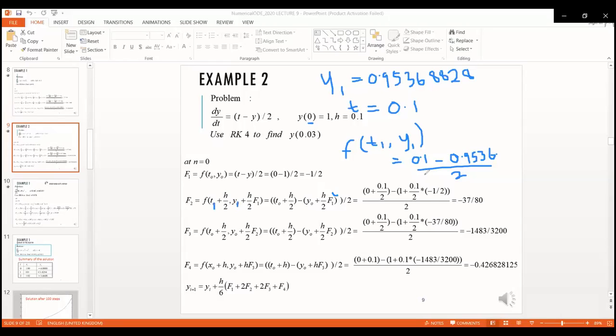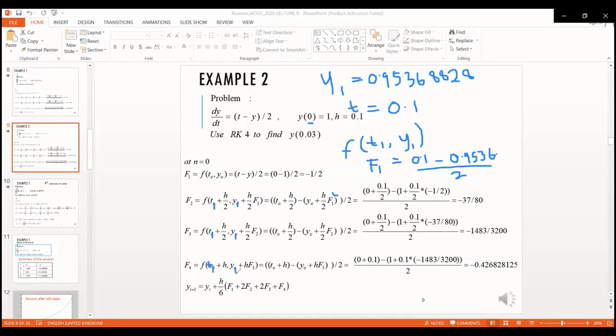This is your F1. Then the new value you get, you use in estimating your F3. So this is also T1, this will be Y1.